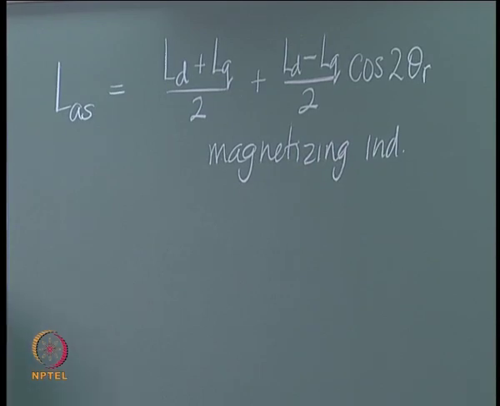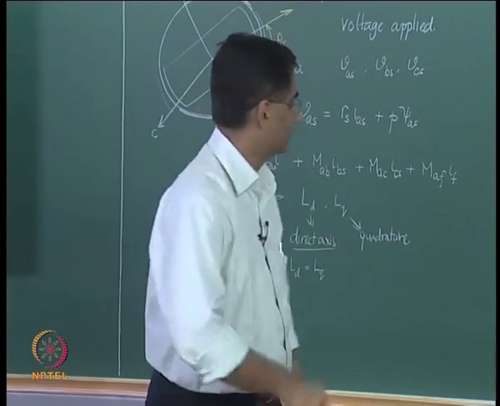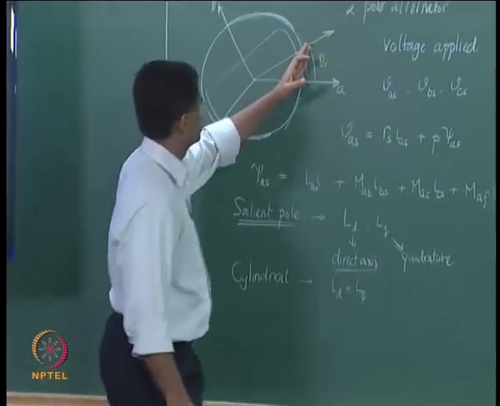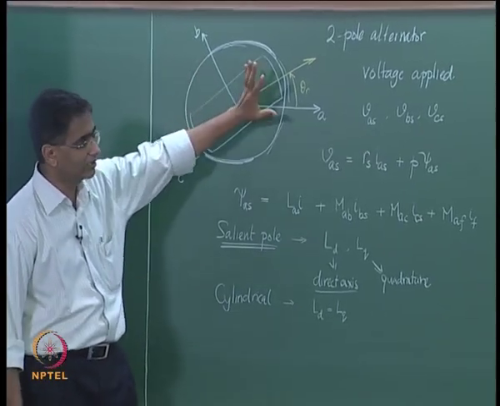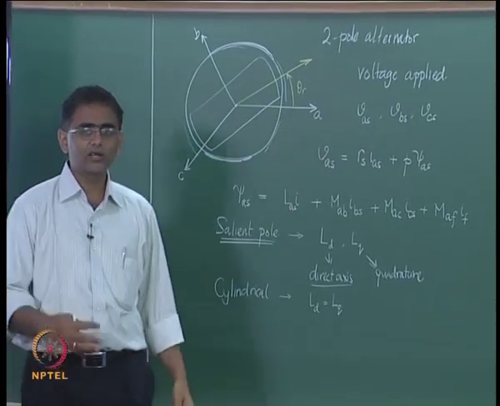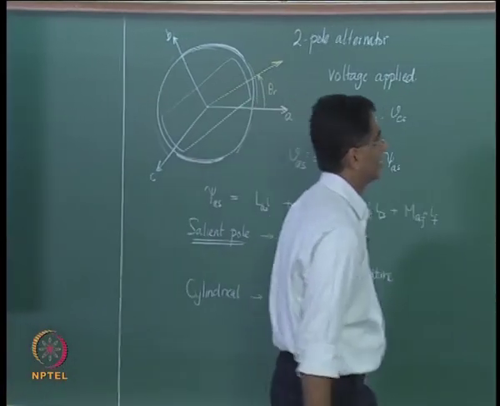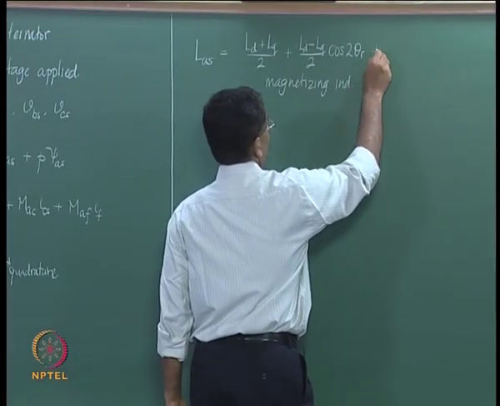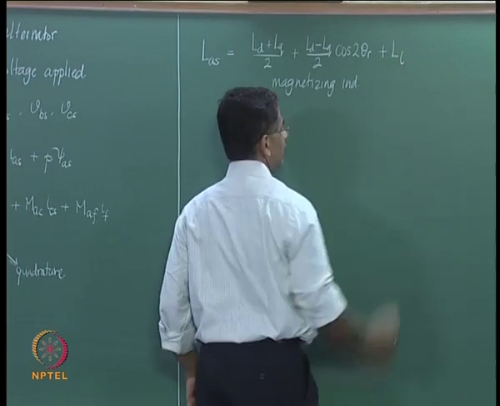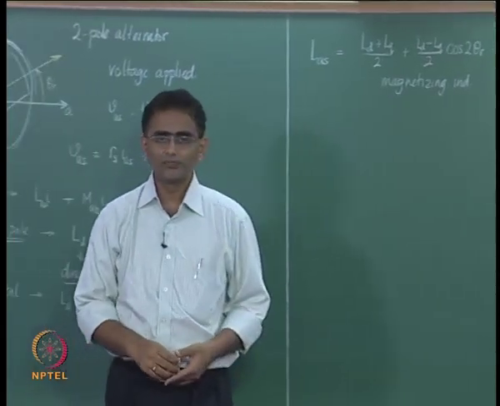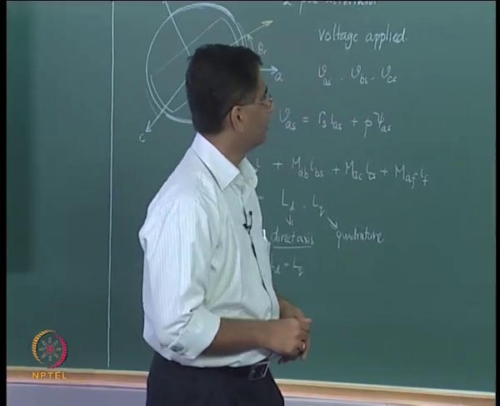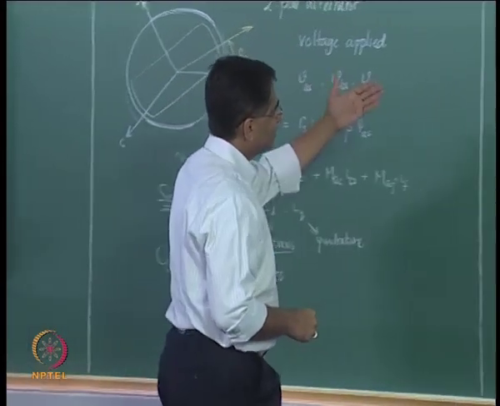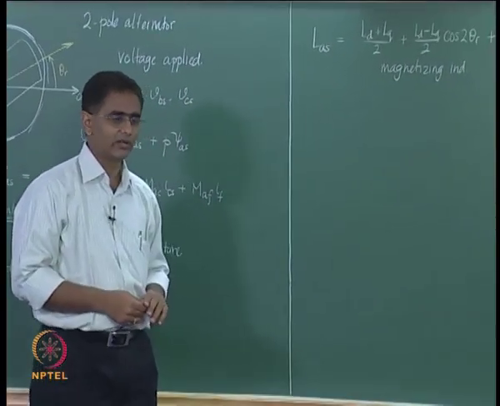In addition, there would be leakage flux generated by exciting the rotor, and this leakage flux is something that does not cross over into the rotor and link the other coils as well. It links only the A phase, and there is no analytical expression for it. What is normally done is you simply add a term leakage inductance to it. LL is a leakage inductance of the A phase. So, this is the expression that we had already derived.